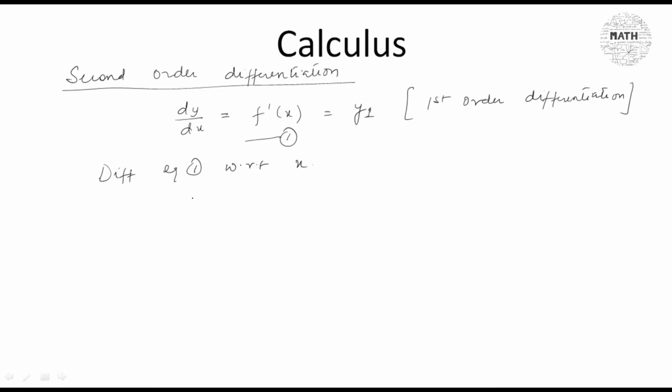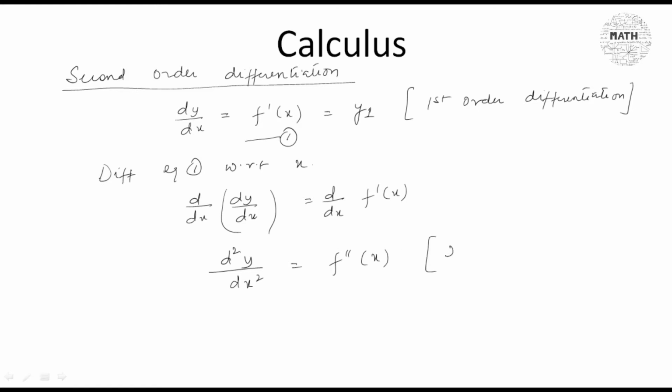x, I'll be getting nothing more than your d by dx of your dy by dx, and similarly it will be d by dx of your f dash x. So that will be nothing more than d square y divided by dx square is equal to your f double dash x, and that is nothing more than your second order differentiation.